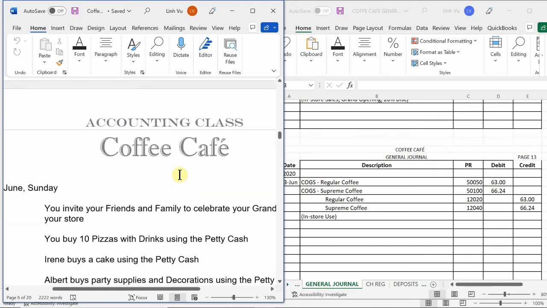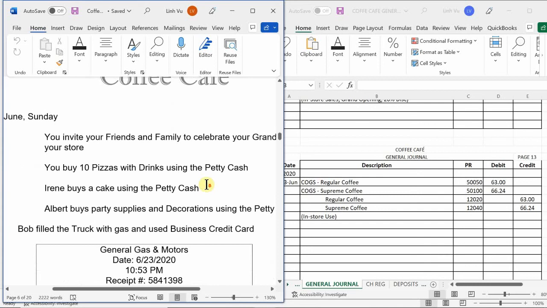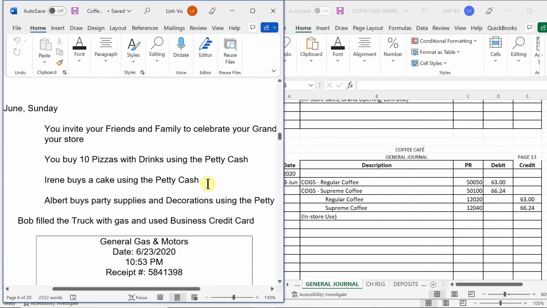All right. So next thing here is you invited your friends and family to celebrate your grand opening of your store. So you had to buy 10 pizzas with drinks using the money from the petty cash drawer. Okay. And then you sent Irene to buy a cake using the money in the petty cash drawer.